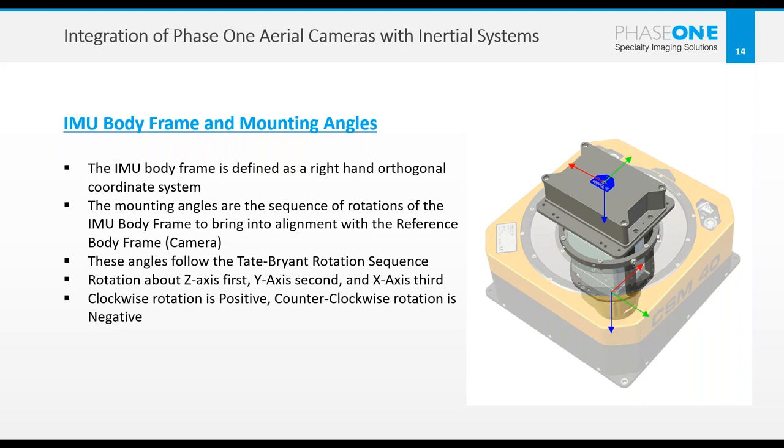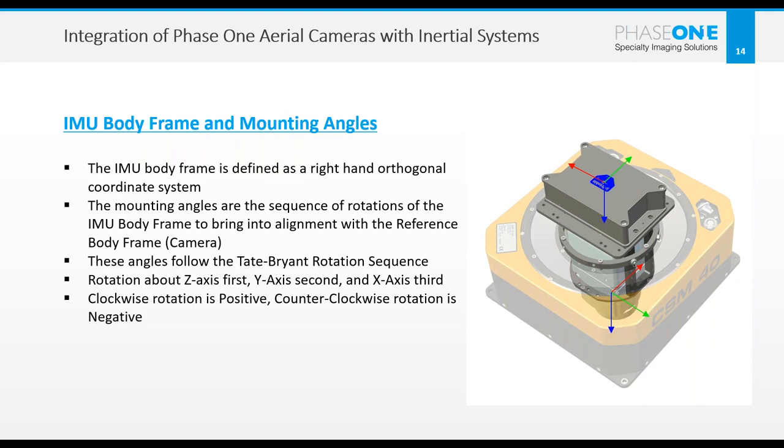It might be complex because it's not a simple rotation. Z-axis first, Y-axis second, and X-axis third, which means that as you start with the Z-axis, the second axis, the Y-axis, might be rotated already once. And by the time you need to rotate the X-axis, it might have been rotated twice.